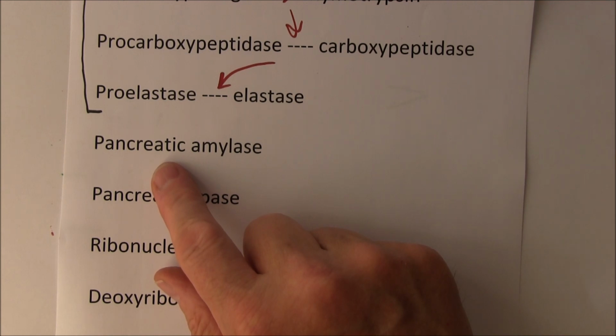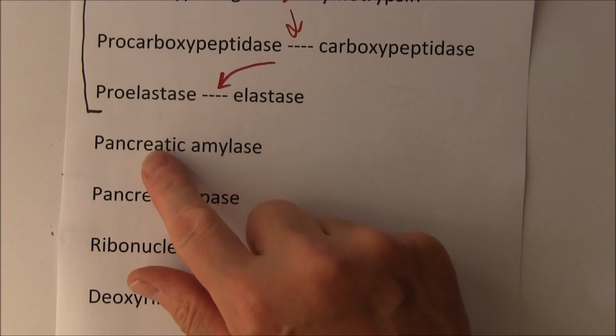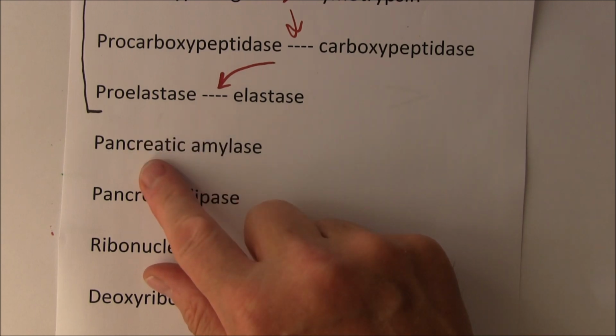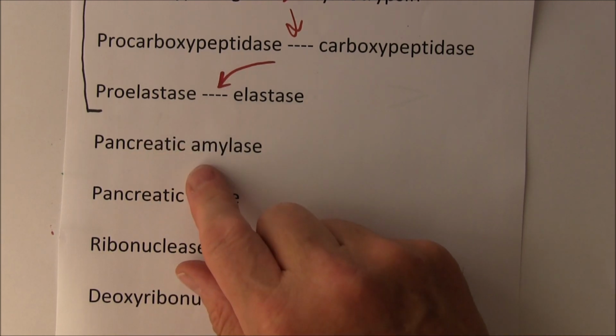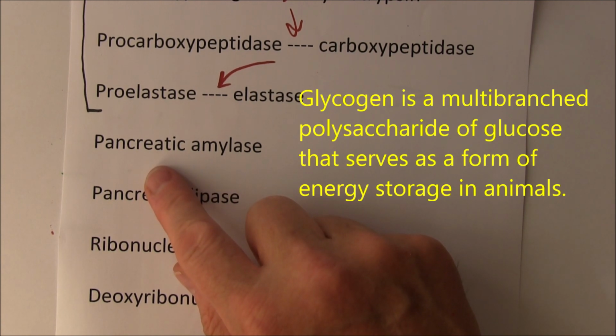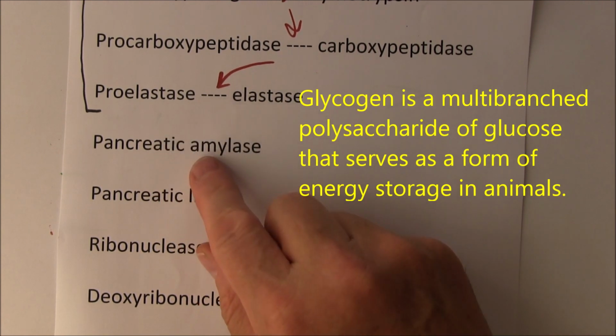The glycogen is this huge polysaccharide molecule of usually glucose units. Well, it is glucose units, but it comes from animals. So starch comes from plants, glycogen comes from animals. In fact, glycogen is sometimes called animal starch. So that will break down those carbohydrates.